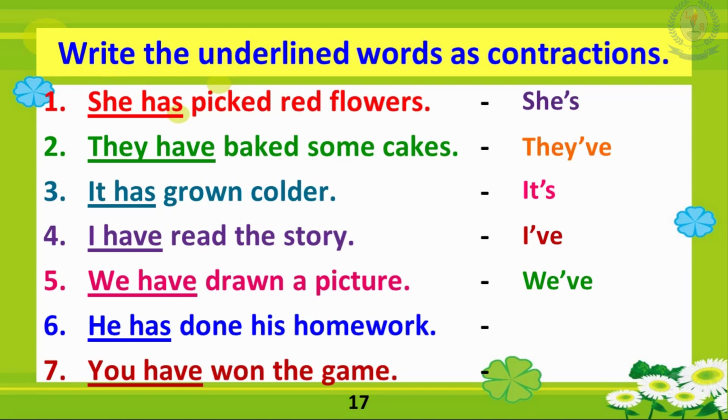We've drawn a picture. Then what's the contraction of he has? Yes, correct. He's. He, apostrophe, S. He's done his homework. Then what's the contraction of you have? Yes, very good. You've. You, apostrophe, V-E. You've won the game.